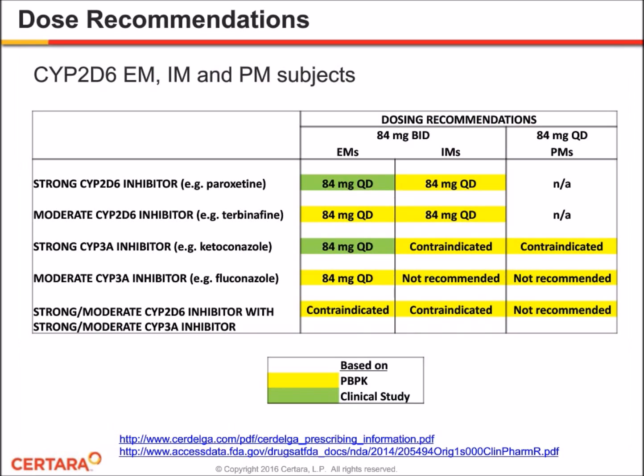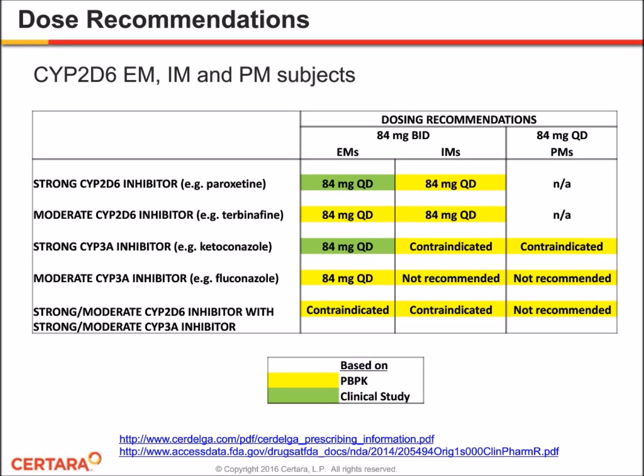And these are the dosing recommendations. You can see here that the usual dose recommended is 84 milligrams once daily, but the ones highlighted in green are the dosing recommendations derived from a clinical study. The ones highlighted in yellow are dosing recommendations that were concluded from doing PBPK simulations, looking at the effect of the drug in various CYP2D6 and CYP3A phenotypic populations.